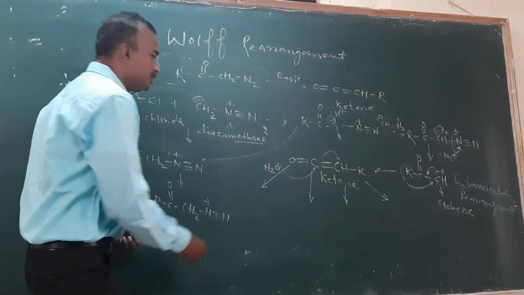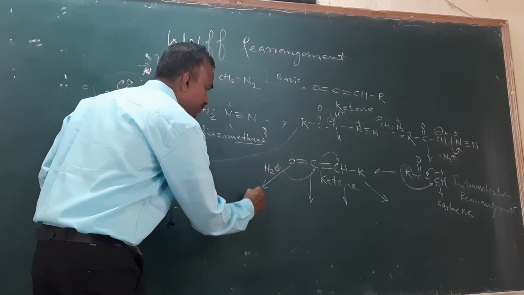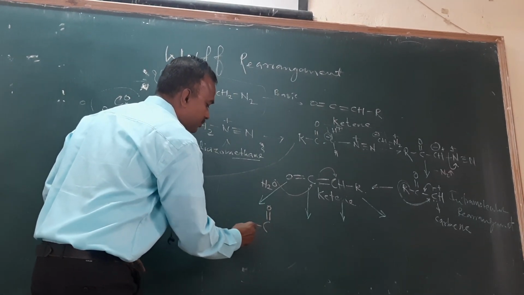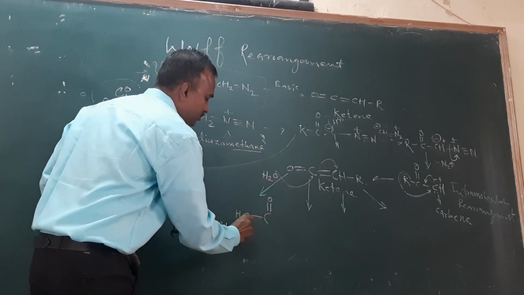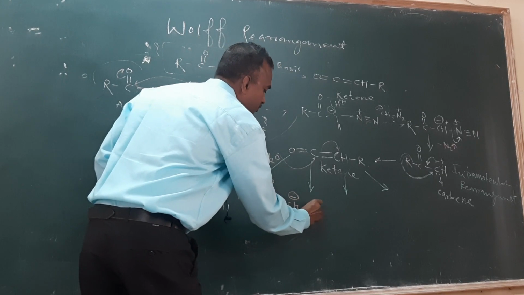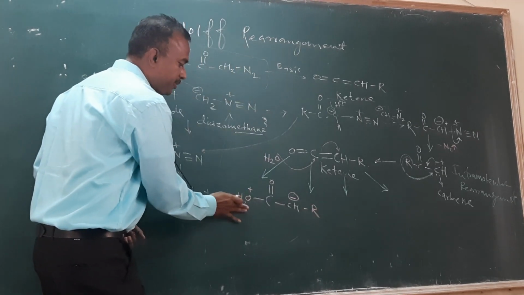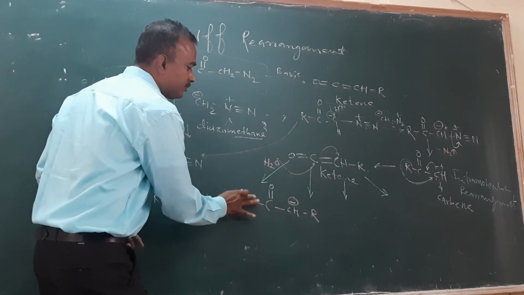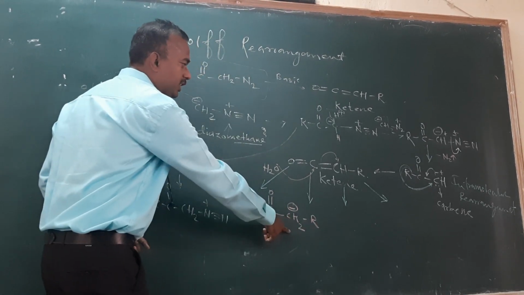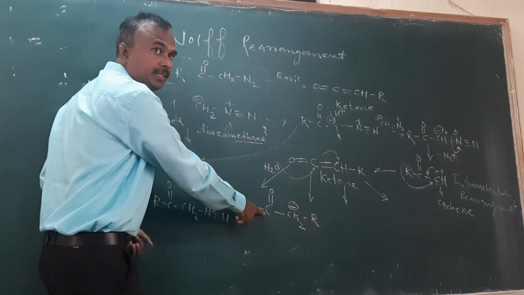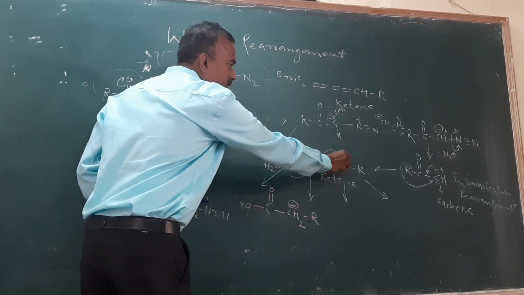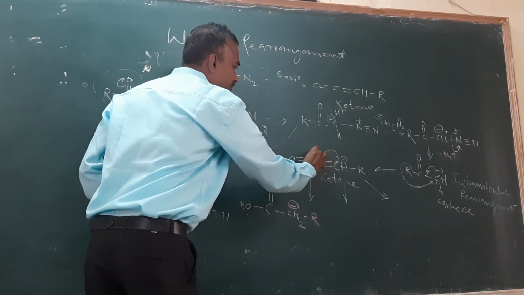Now H plus from here, where will it go? To CH2. OH minus here and H plus here, on this hydrogen.